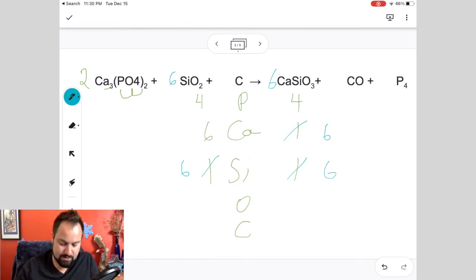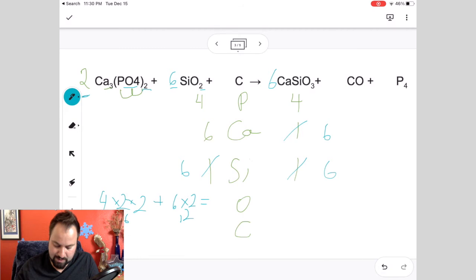carbon. So how many actual oxygens do we have here on the left? Well, we have this 4 times this 2 times this 2 right there. So that's that. Plus 6 times 2, and so that is 12. That is 16.